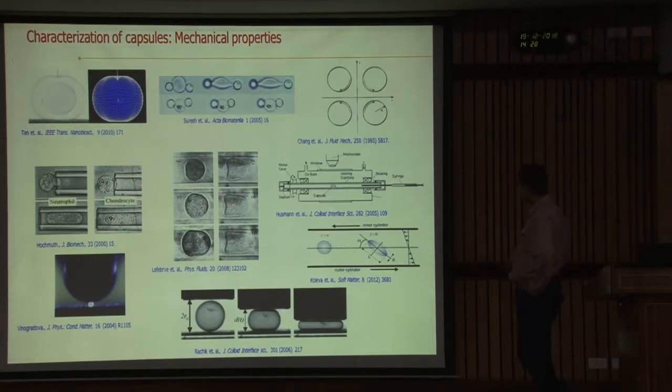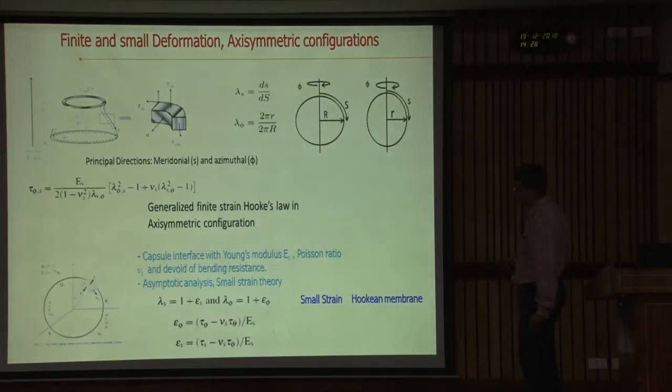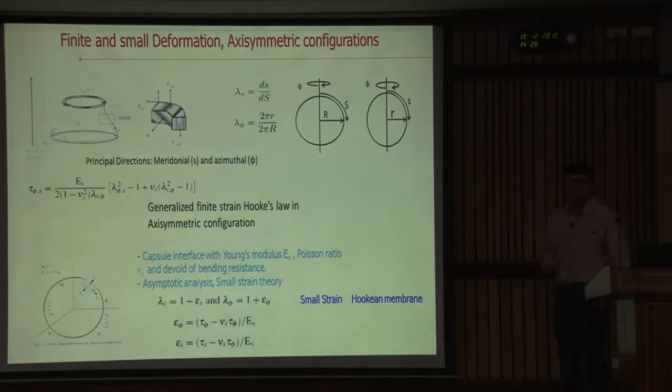In the same way, for example, you could have a spinning drop rheometer where you spin a capsule, measure the deformation, provide an analytical theory for deformation versus the spinning speed, and then back out the elasticity. Okay. So towards this, we thought of applying electric fields and trying to estimate the surface properties.